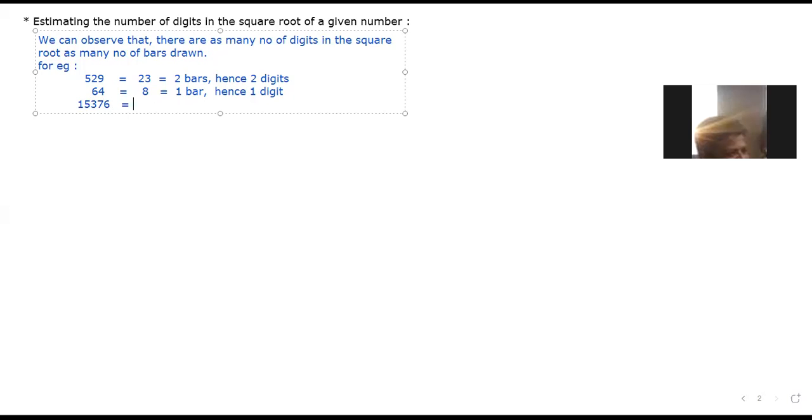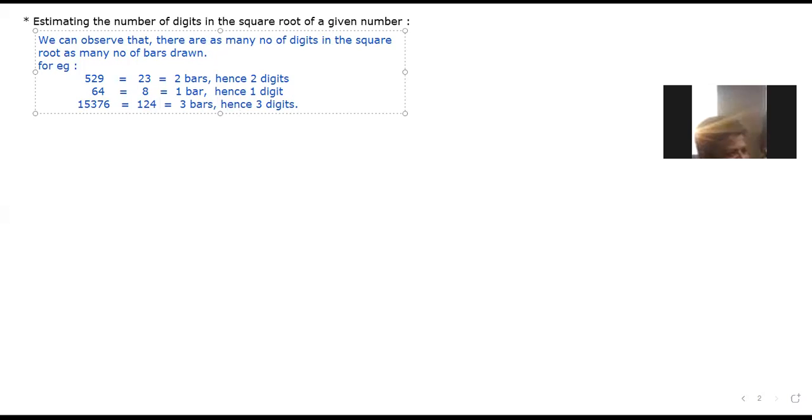And what was the square root? 124. So here there are 3 bars, hence 3 digits.